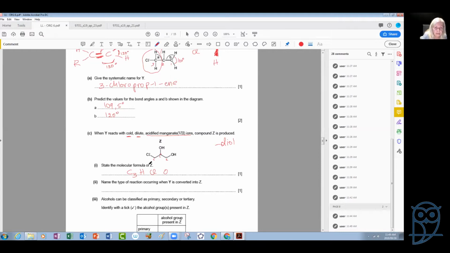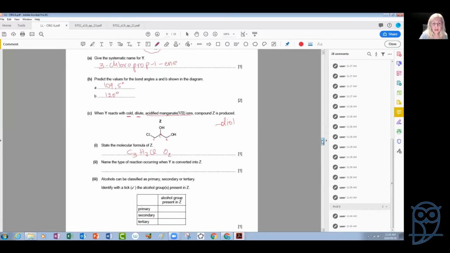There are another 2 hydrogens connected here, 2 hydrogens from this one and another one connected to this carbon. 1 plus 2, 3, 4, 5, another 2, 6, 7. So there are 7 hydrogens altogether. And chlorine, we have 1 chlorine, and oxygens, we have 2 oxygens. So this is the molecular formula of compound Z.